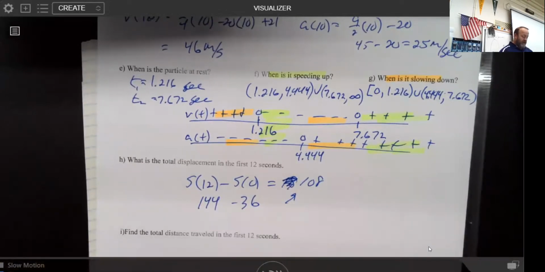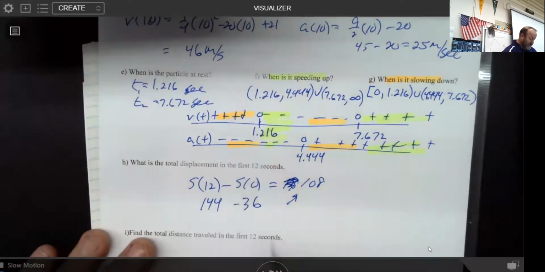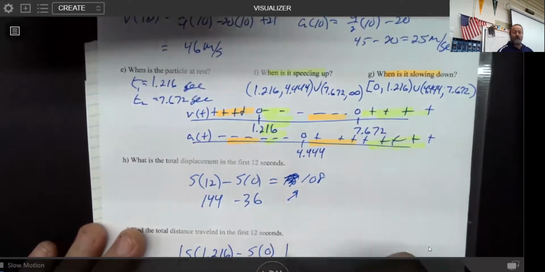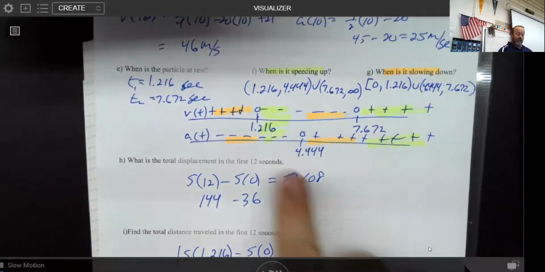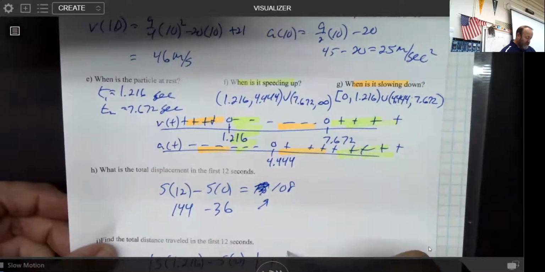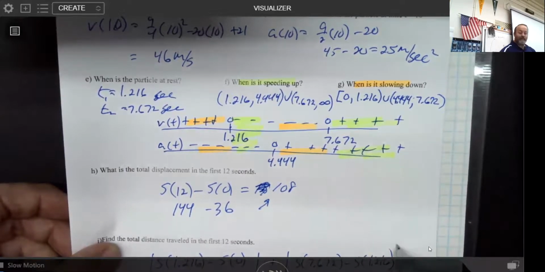I know that the particle was going forward from 0 until 1.216. So I'm going to find the displacement from 1.216 as it was from 0. This little piece would be how far forward it went in that first region. Then what happened is from 7.672 until 1.216, it was going backwards.